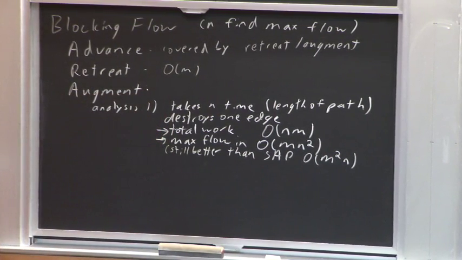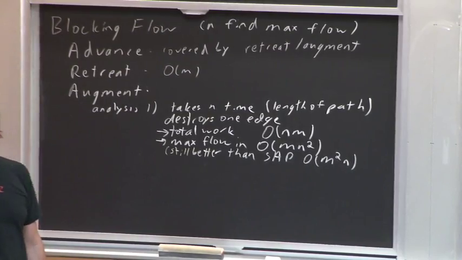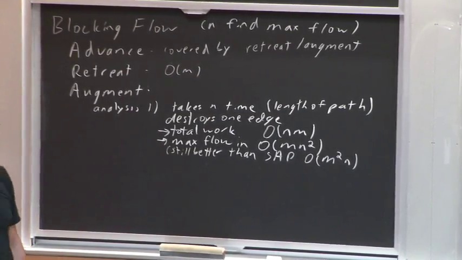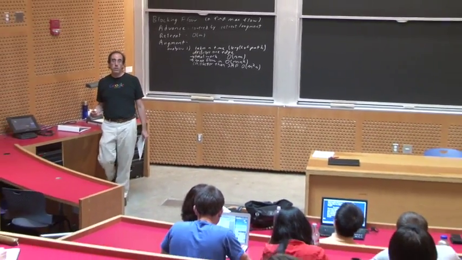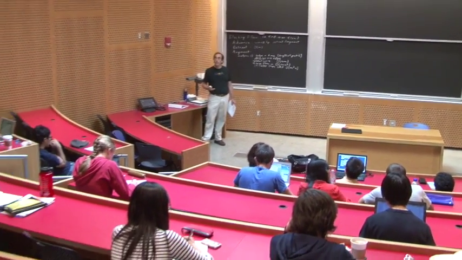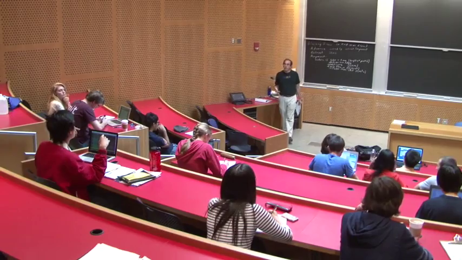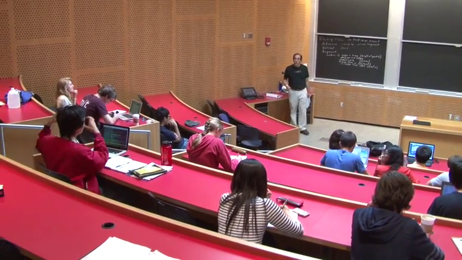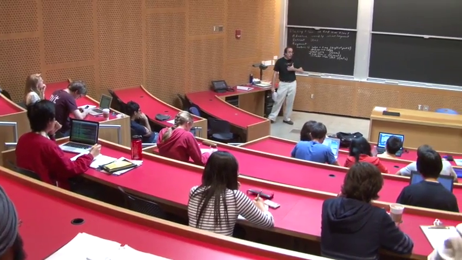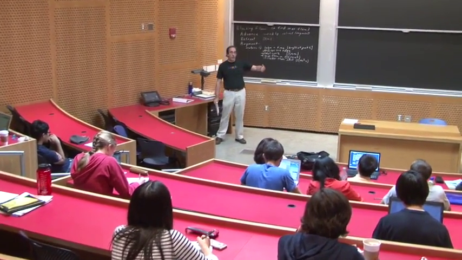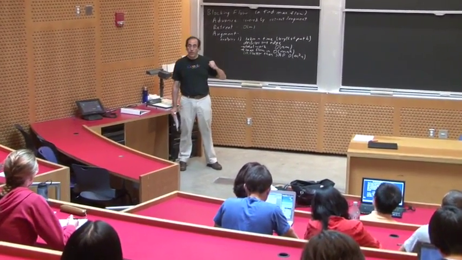So the blocking flow technique does somewhat better than the shortest augmenting path technique. Where is it achieving its savings? How is it doing less work at a high level? Yeah? It's not redoing the work of starting from the beginning each time, looking at all the shortest paths. Exactly. In shortest augmenting path, you do a full m work just to find one augmenting path and saturate it.